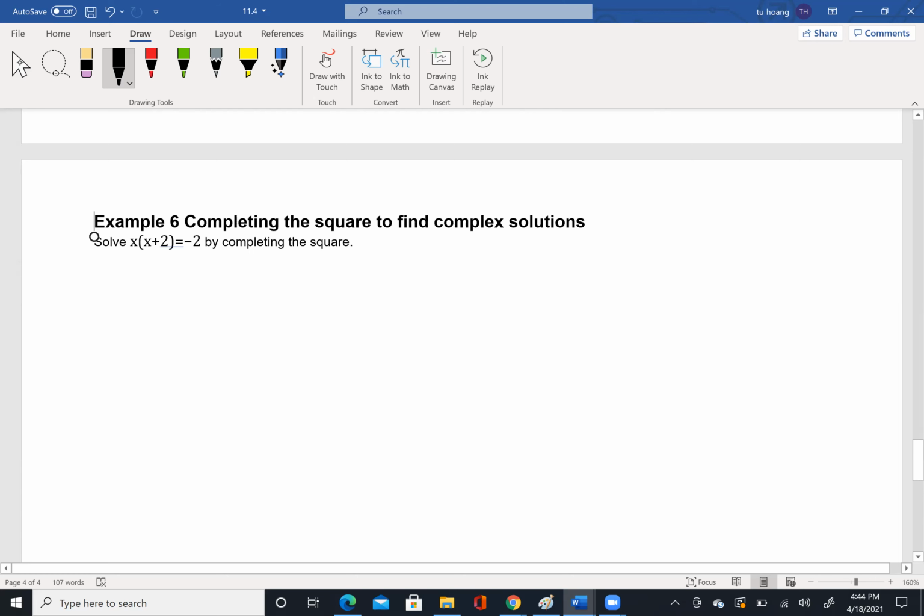Firstly, maybe I have to do distribution. So I have x squared plus 2x equal to negative 2. Right? I do distribution for the left hand side, and then I'm going to add 2 to both sides.